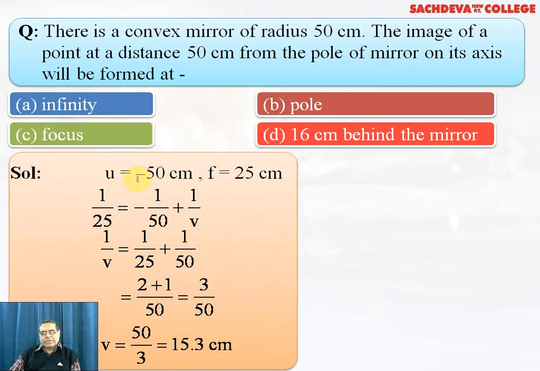So, to solve this question, we will take U as minus 50 because it is towards the left side of the mirror, and f is 25, that is towards the right side.